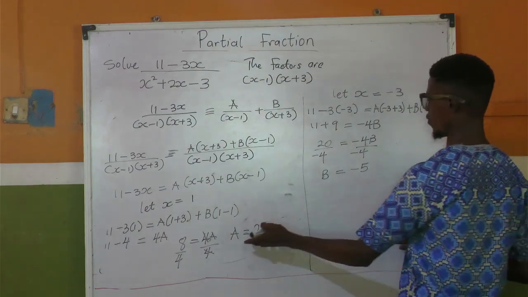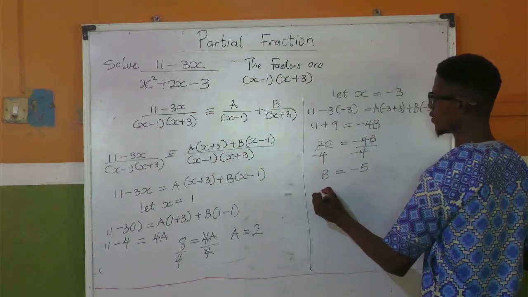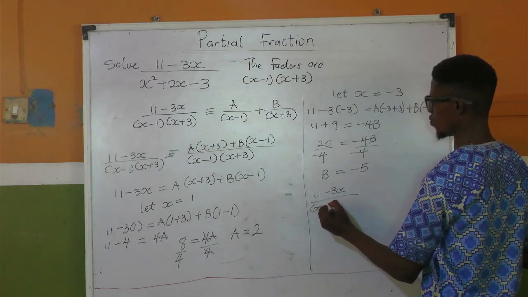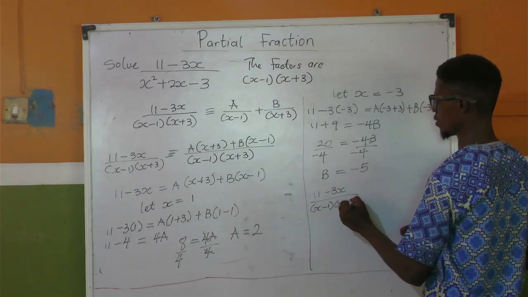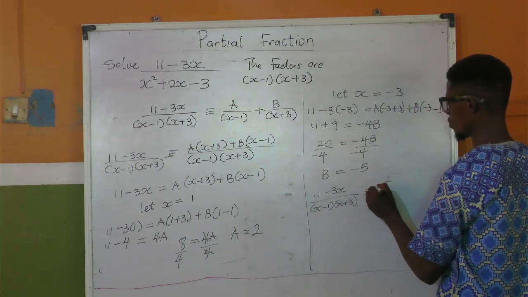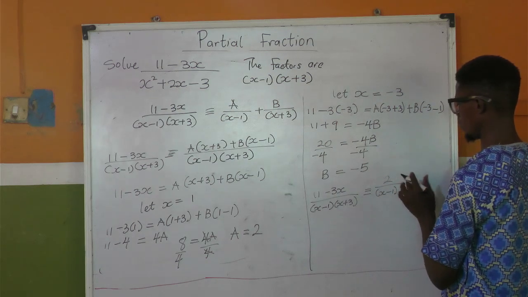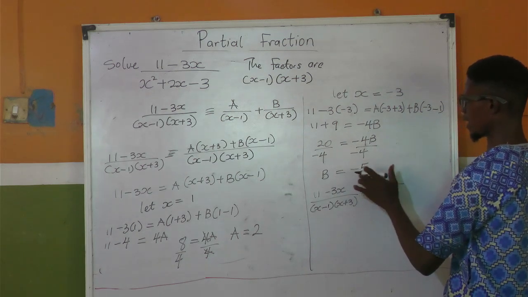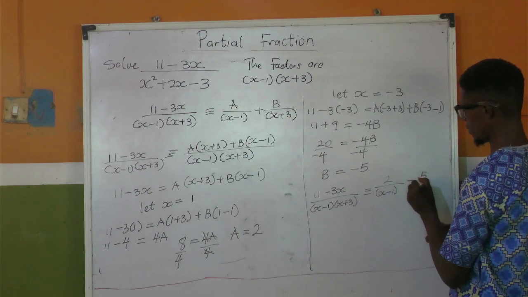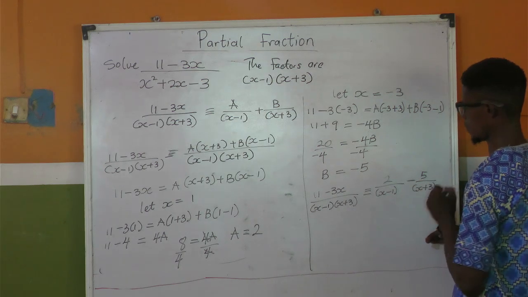So let's put our values for A and B back into this expression. This expression will simply become (11 minus 3x) over (x minus 1)(x plus 3) is the same thing as, since A is 2, 2 over x minus 1 plus, since we have a minus 5 here, the sign changes, so it's going to become minus 5 over x plus 3.